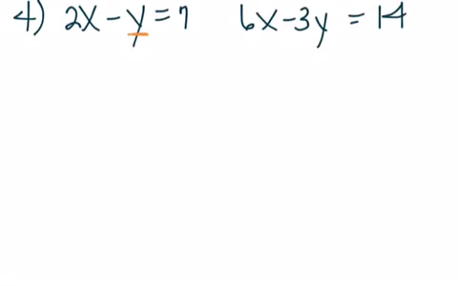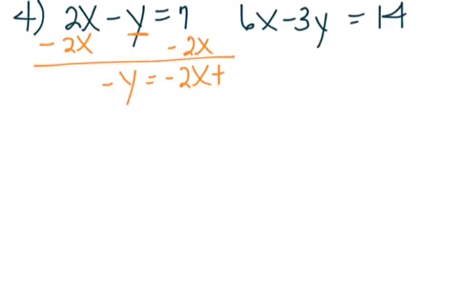So let's solve for that y. So we need to subtract 2x from both sides. Then we have negative y equals negative 2x plus 7. Now divide by negative 1 because we want y, not negative y. So we have y equals 2x minus 7.